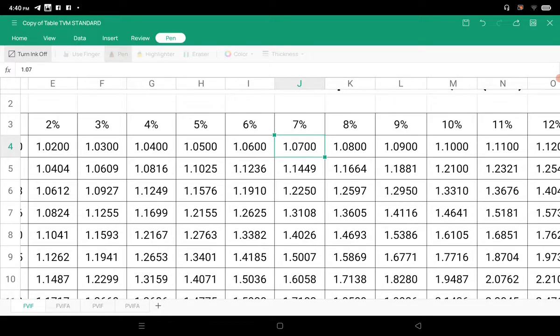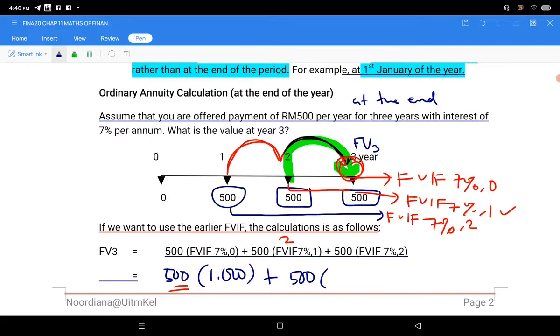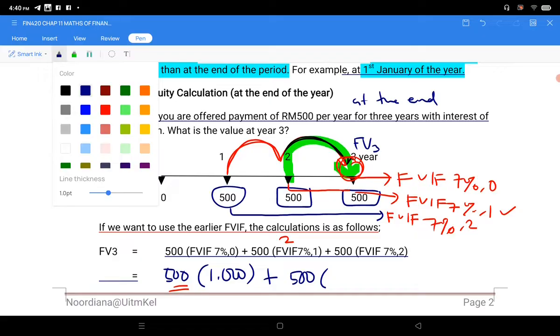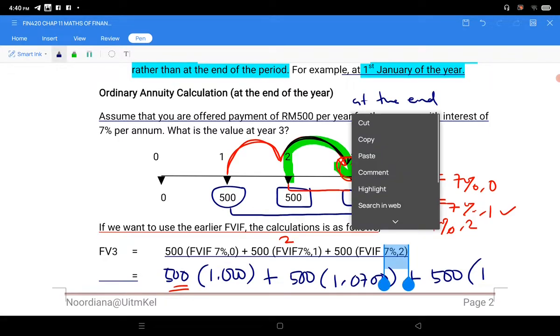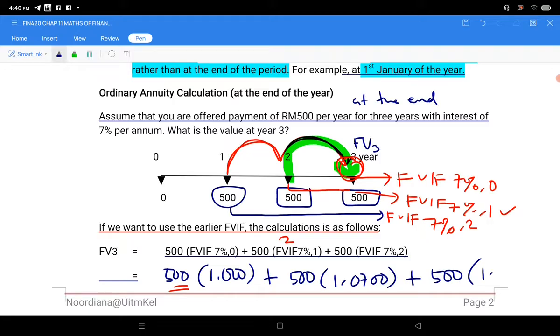Kalau 7% dua, yang ni 1.1449. So you boleh refer jadual tu. 500 yang tahun tadi, cash flow yang seterusnya adalah tahun ini 7% 2, 1.1449.